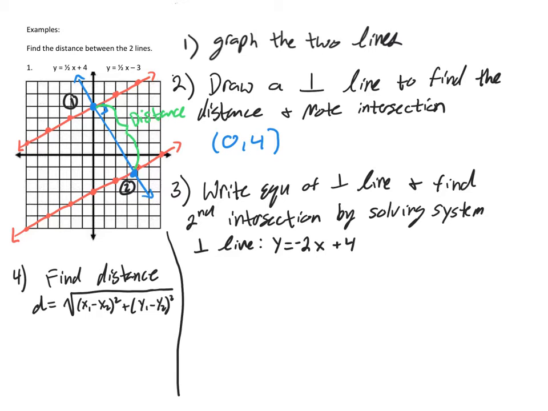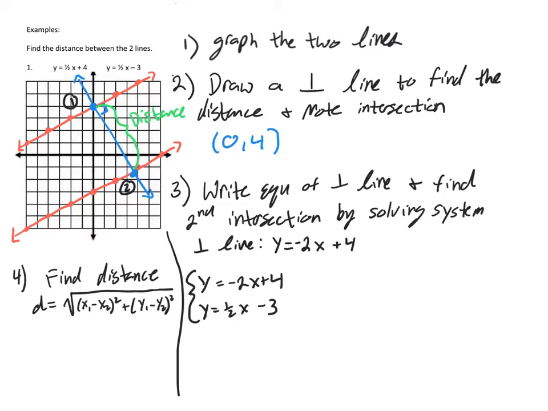This is going to be reaching back into algebra a little bit. My two lines are y equals -2x plus 4, that's my perpendicular line, and now we're working with the second line, y equals 1/2 x minus 3. We want to solve this system to find the intersection. The easiest way to do that is going to be substitution.